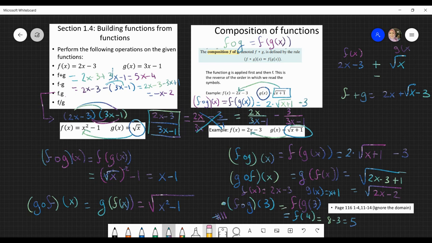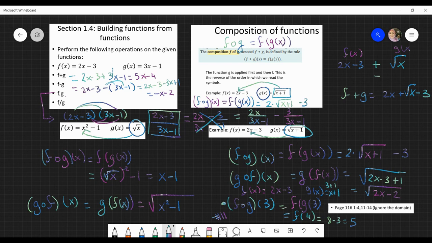So I'll apply g of 3 first. So I'll plug in 3 in g of x. So 3 plus 1 gives us a 4. Now this 4 is going to be the input of f of x. So I'll apply g first, inside, then outside. Then f of 4, which means plug in 4 in f of x. 2 times 4 is 8. And 8 minus 3 is 5.